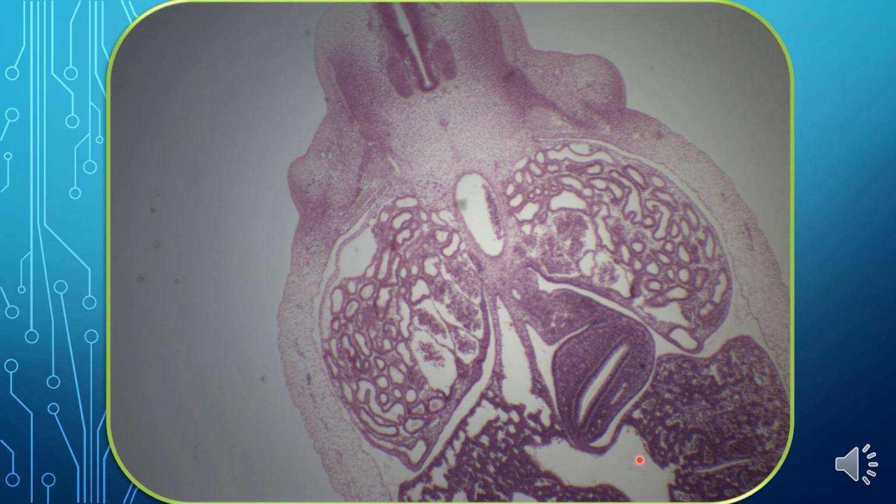Ventral mesentery, liver, and you can see a large duct of the liver. This is the ductus venosus. Also you can see the inferior cardinal vein behind the liver. The cavity of the renal system is the peritoneal cavity.